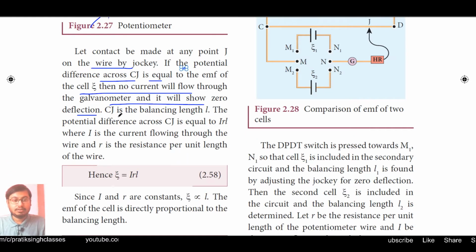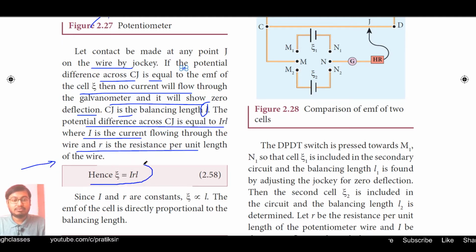That length Cj is called the balancing length and is denoted by a small l. The potential difference across Cj is equal to I into R into l, where I is the current flowing through the wire and R is the resistance per unit length of the wire. Hence we will have Xi is equal to I into R into l.